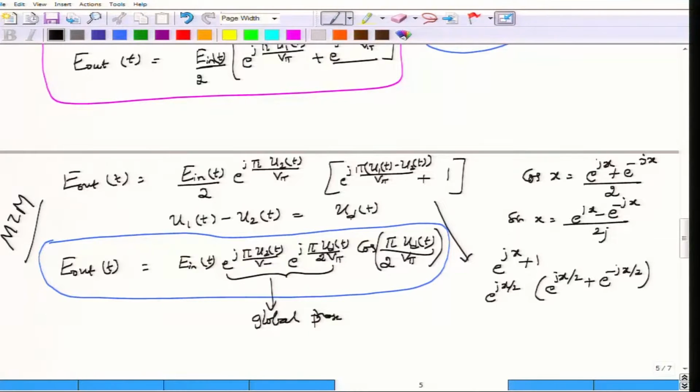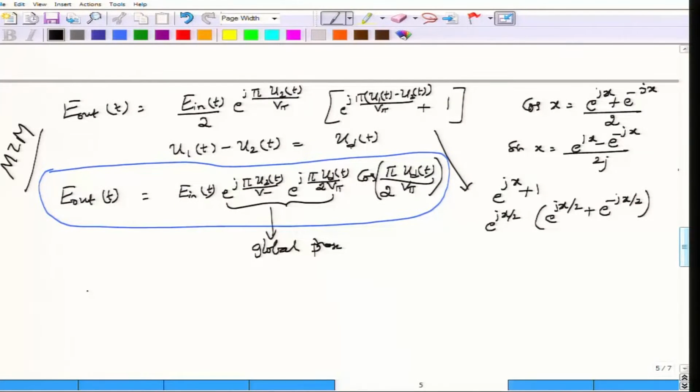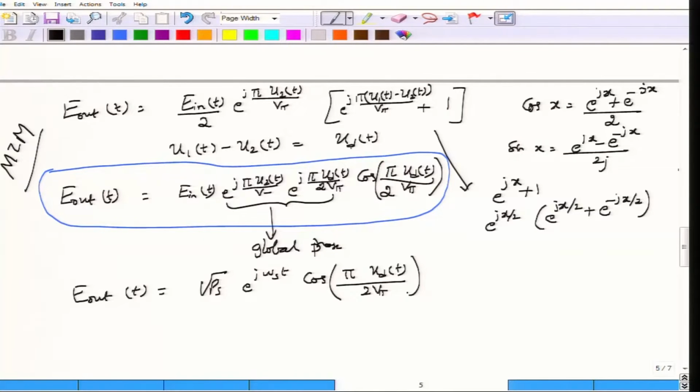What I am now left with is E out of t, which is the electric field output, as square root P_s e^(j omega_s t), and then I have cos(pi u_d(t) / 2 V_pi).